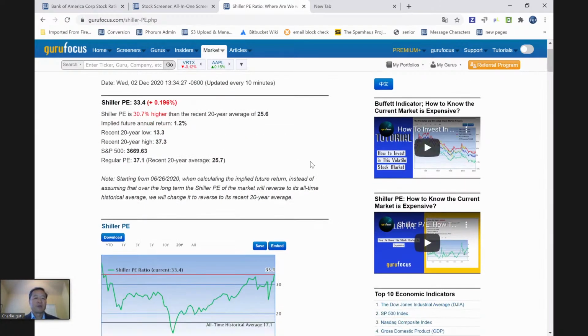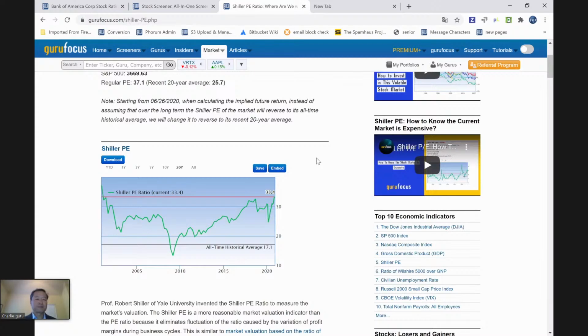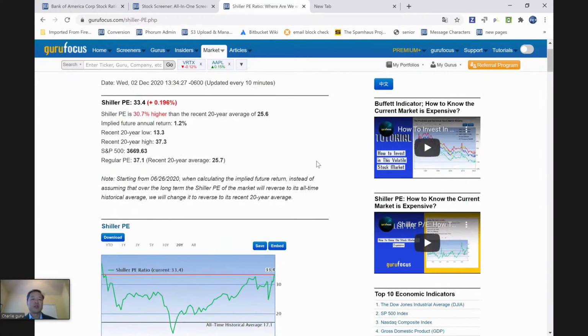From this, we can also calculate the implied future return, which is 1.2%, the same as what we get using the Buffett indicator. The return is similarly low. So both the Shiller P/E and the Buffett indicator tell us that the return will be very, very low in the future because market valuation is too high.